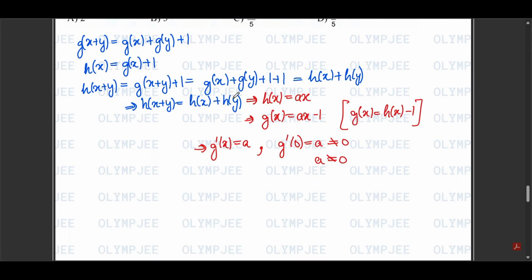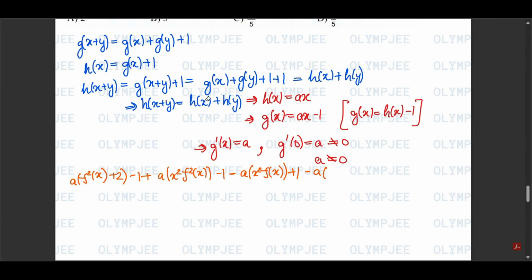So this will become a(a f²(x) + 2) minus 1, plus a(x² f²(x)) minus 1, minus a(x² f(x)) minus (minus 1), which will become plus 1, and minus a multiplied by 3f(x) plus 1 is equal to 0.